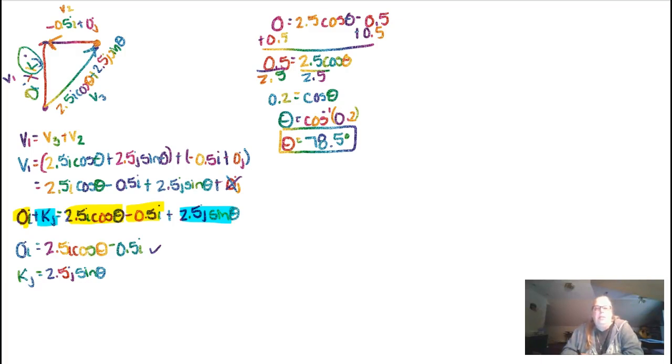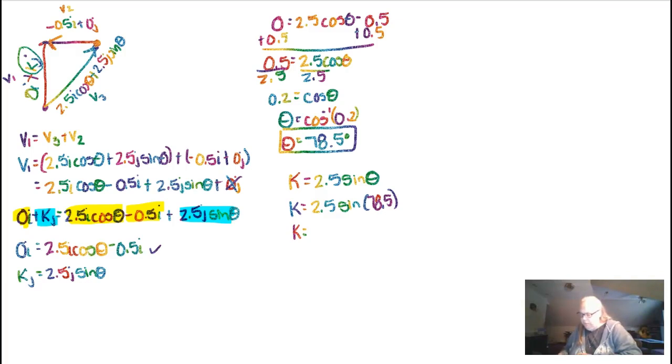And again, I'm going to pull the J's off of there. So let's see, we got K equal to 2.5 times the sine of theta. That means K is equal to 2.5 times the sine of 78.5. And if we put that in the calculator, 2.5 times the sine of 78.5, it gives me 2.4.